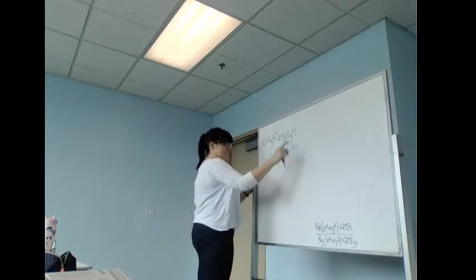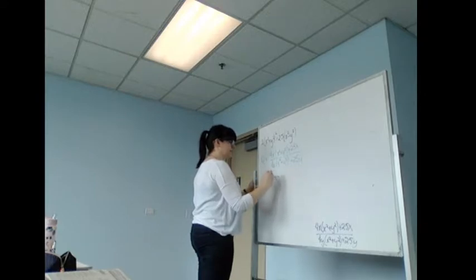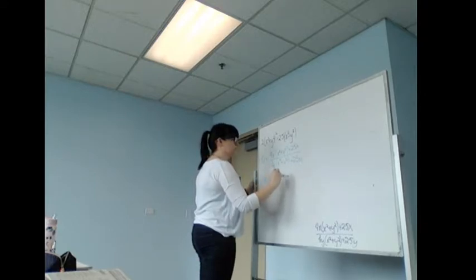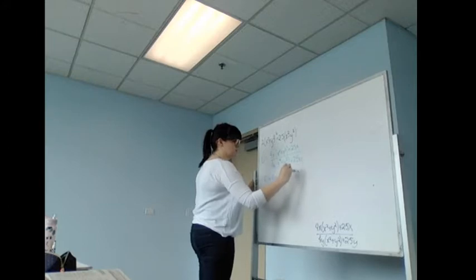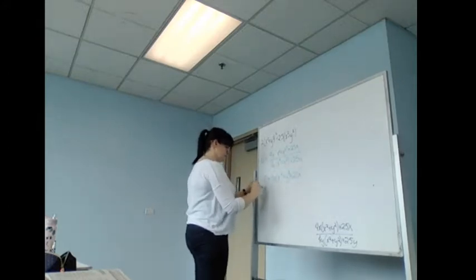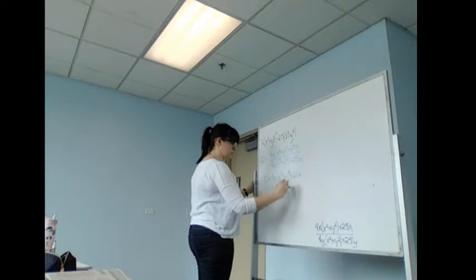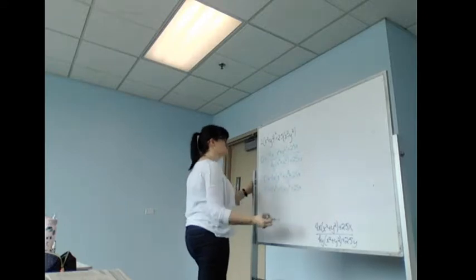So, that's gone. 0 equals 4x times x squared plus y squared plus 25x. 0 equals 4x cubed plus 4xy squared plus 25x.